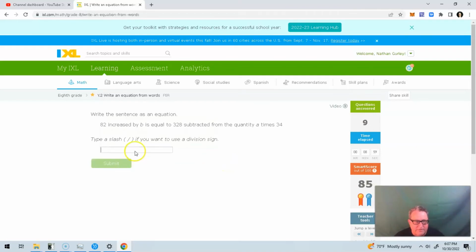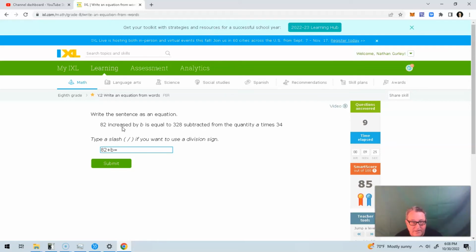Maybe it'll get a little more difficult. I don't know. 82 is increased by B. 82. We're going to increase it, so we're going to add B to it. It's increased by B. And when you do this, it's equal to 328 subtracted from. Subtracted from what?